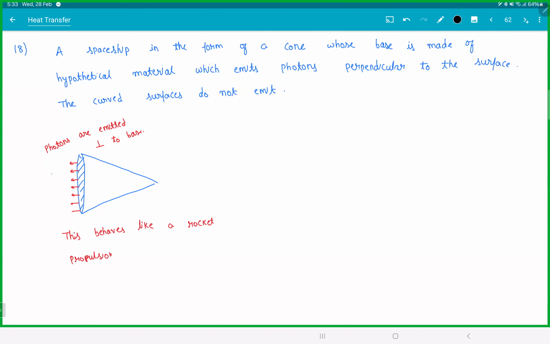So E is equal to 1 for the base, E is 0 for the curved surfaces. Let the mass be m. And temperature of this entire spaceship is T. And the entire outside is vacuum. Assume there is no gravity.